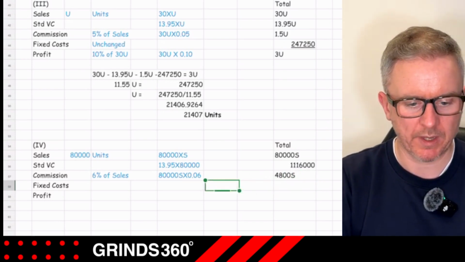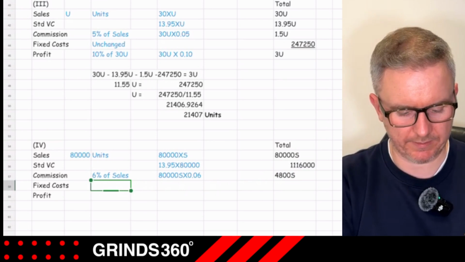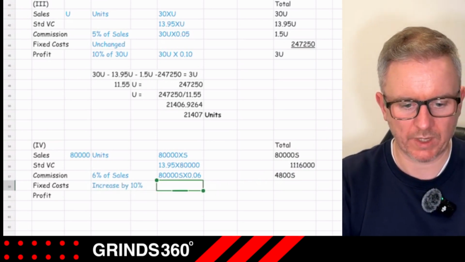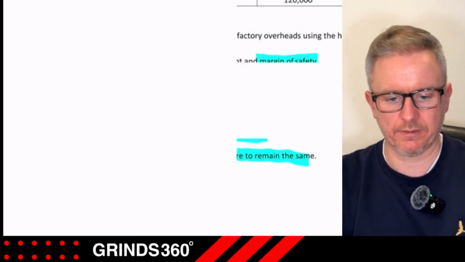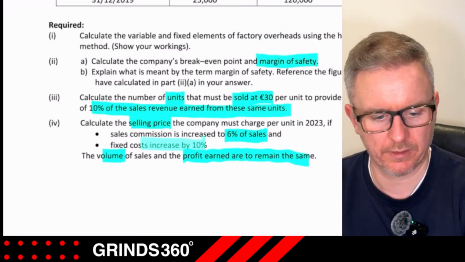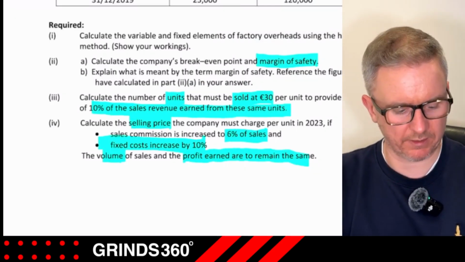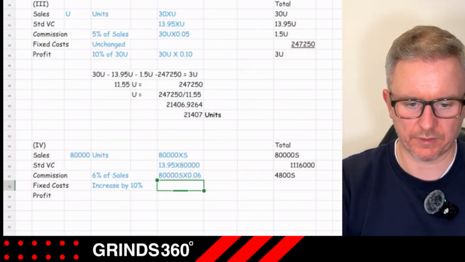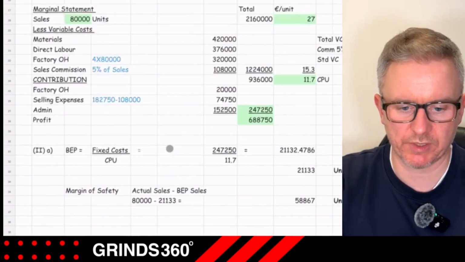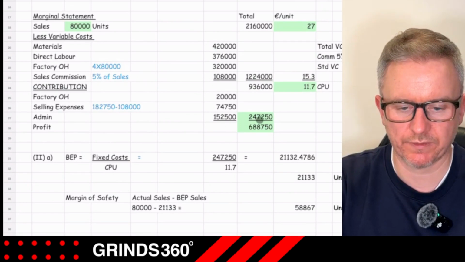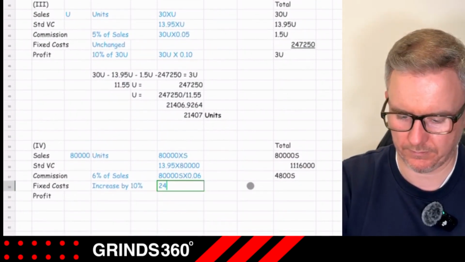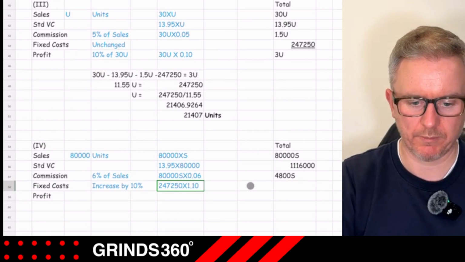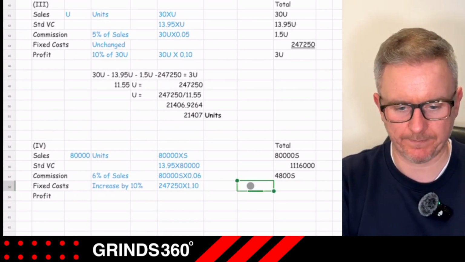Common mistake. Your fixed costs have increased by 10%. So how do you get that increase? Take your fixed costs as they are. So remember, go right back up to the original statement, 247,250, and multiplied by 1.1 because it's an increase of 10%.